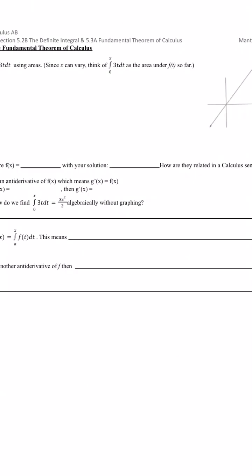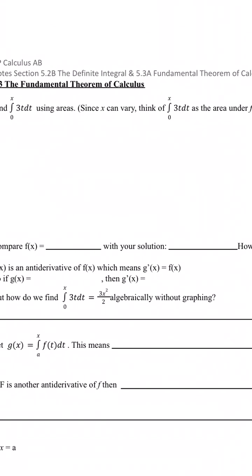Okay, here's where the fun stuff starts. What if I don't want to go from just 0 to 2 or from 1 to 3? I have a function f of t equal to 3t, and I want to go from 0 to x.